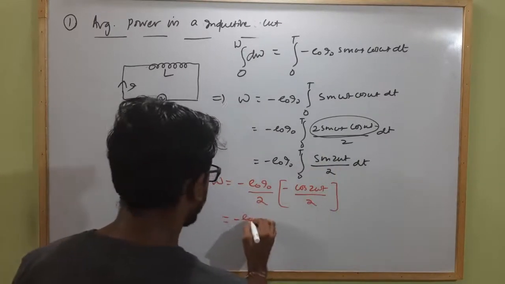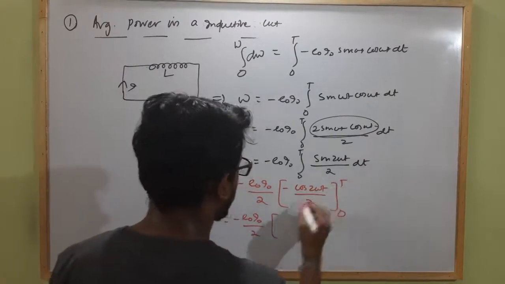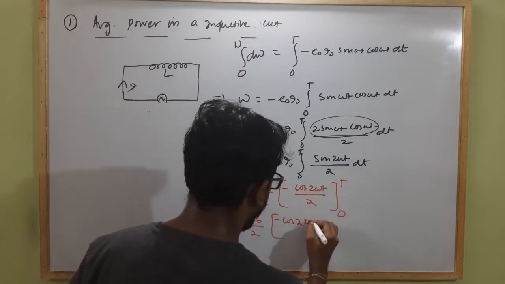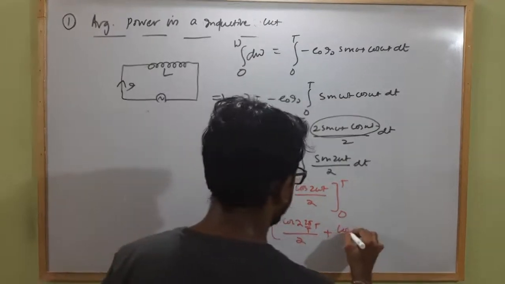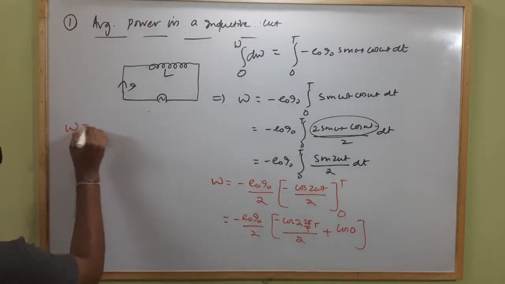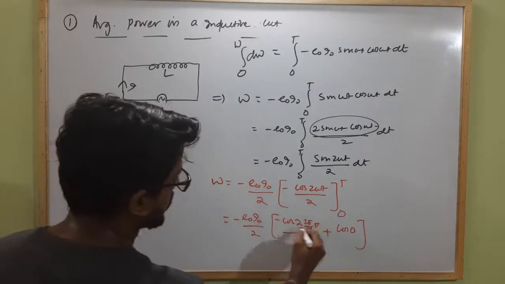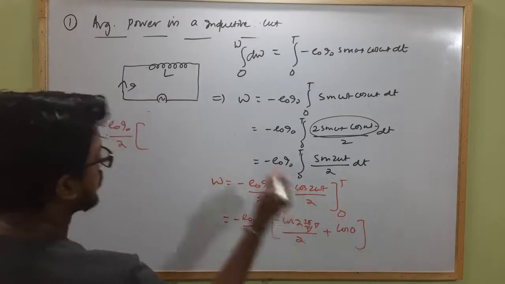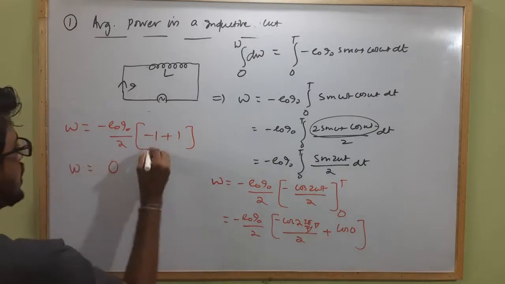So this will be minus E naught I naught by 2 into, from 0 to t as the limit, minus cos 2 omega t will be 2 into 2 pi by t into t divided by 2, plus cos 0. So W will be equal to minus E naught I naught divided by 2 into, this will become how much? Cos 4 pi. What is cos 4 pi? Cos 4 pi is 1, minus 1 plus cos 0 is 1, minus 1 plus 1. So this will be 0.